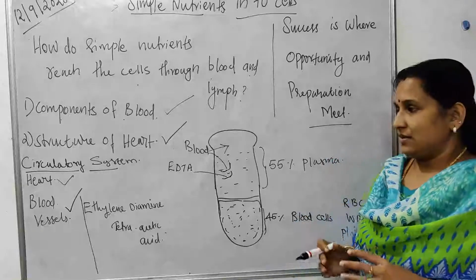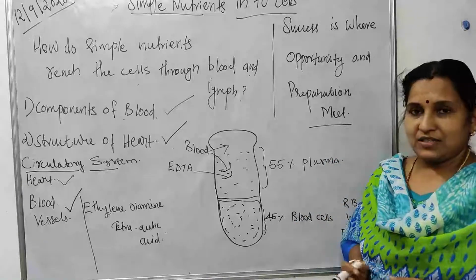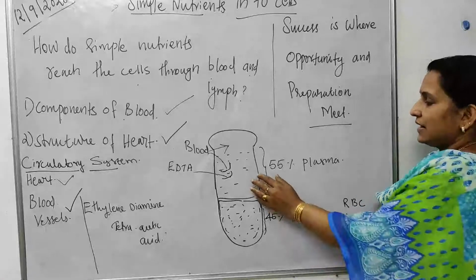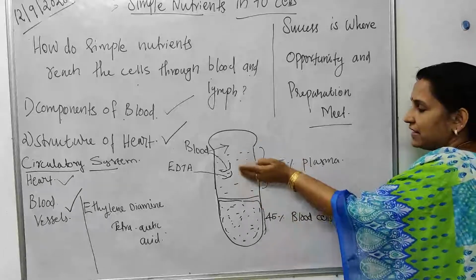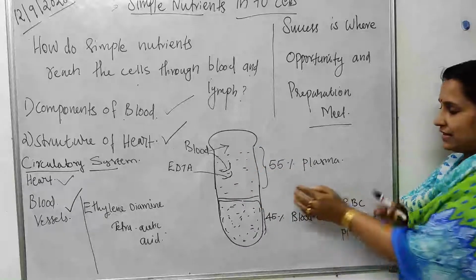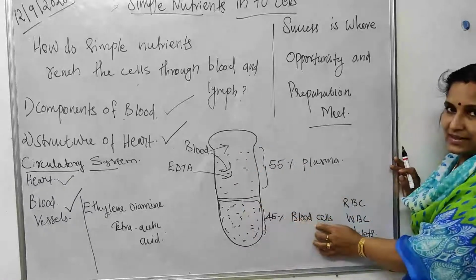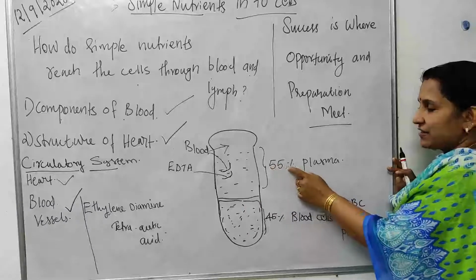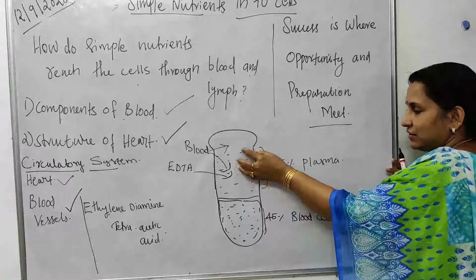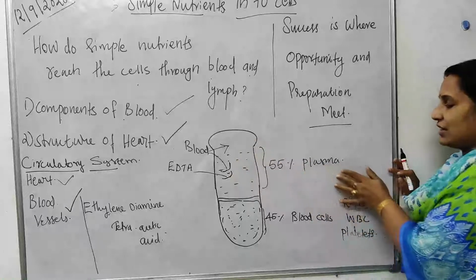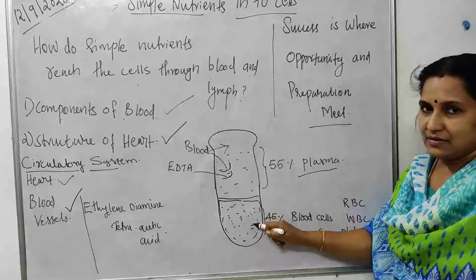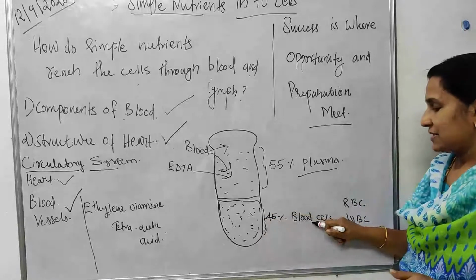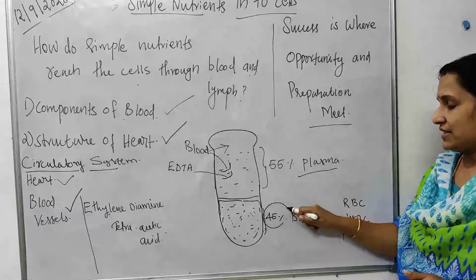After some time, we can observe. See, like this, it is settled down. In the upper part we can see the liquid portion, and at the bottom we can see blood cells. The upper part, which is 55%, is known as the plasma. In the lower side, blood cells are present, which is 45%.